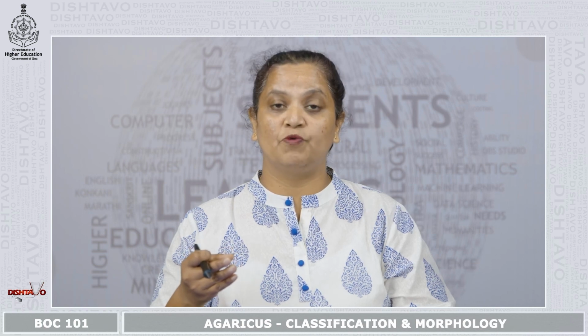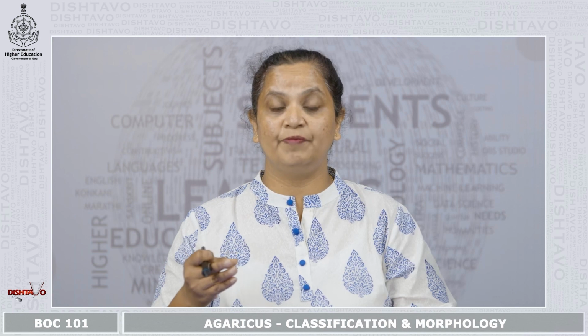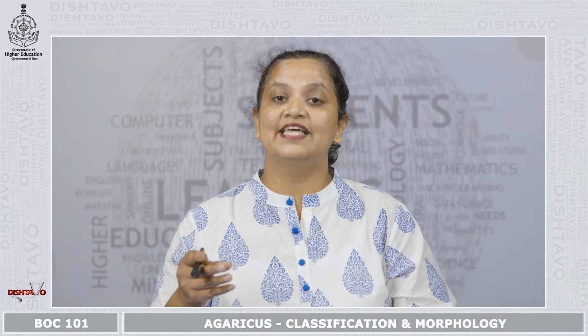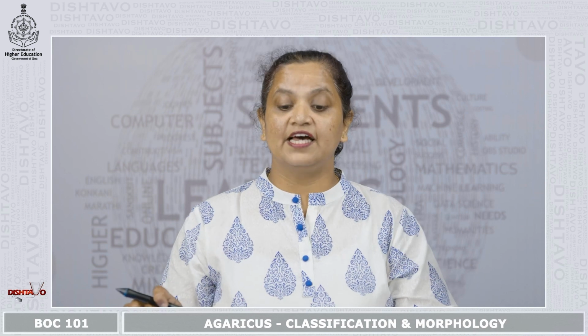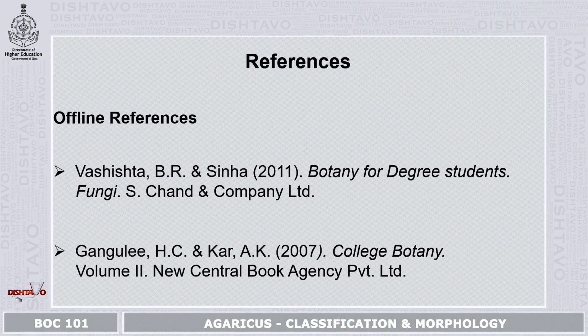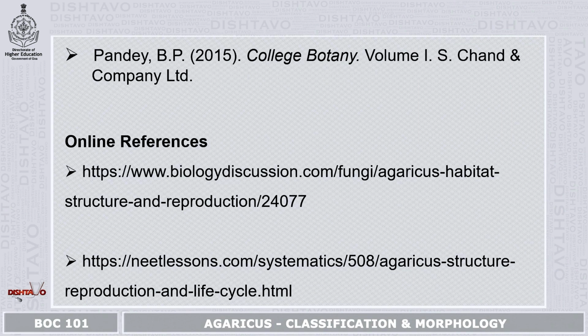The hymenial layer will bear sterigmata on which the basidiospores come out. When favorable conditions arise, the basidiospores will be liberated and have the capability of forming the primary, secondary and tertiary mycelium. These are the references, students, the offline references and the online references.